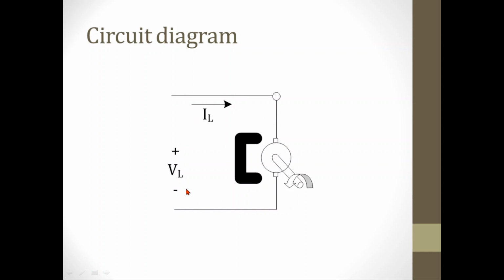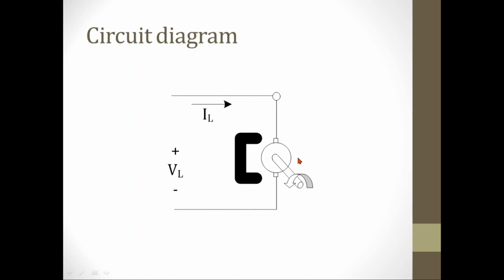Based on the principle stated by Fleming, when current flows into the conductors present in the armature winding and there is a source of magnetism, each of the conductors in the armature will develop force.